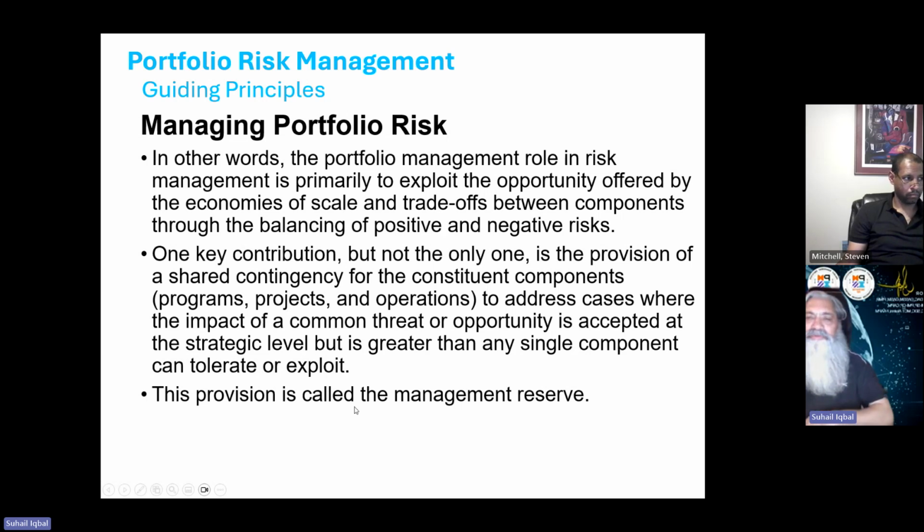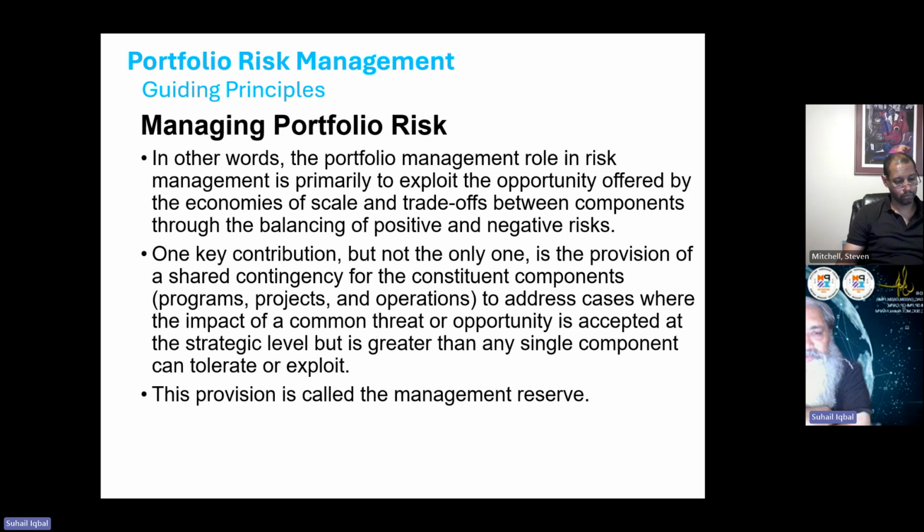One key contribution, but not the only one, is the provision of a shared contingency for the constituent components, programs, projects, and operations, to address cases where the impact of a common threat or opportunity is accepted at the strategic level but is greater than any single component can tolerate or exploit. This provision is called management reserve.